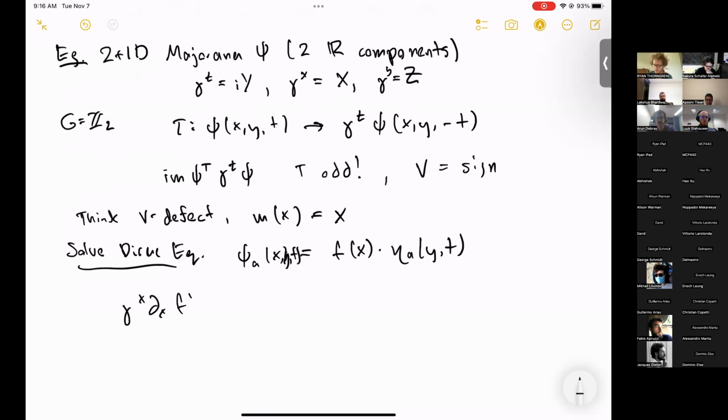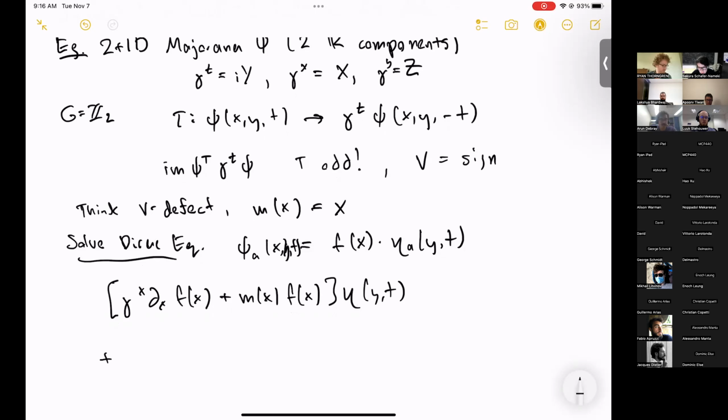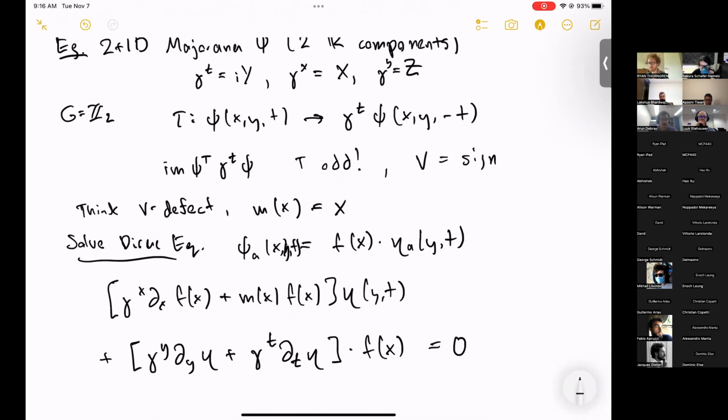gamma x dx f of x plus m of x f of x, times eta, plus gamma y dy eta plus gamma t dt eta, times f of x is 0.